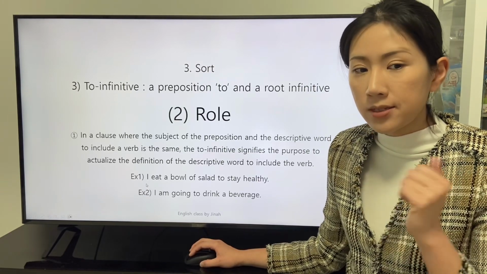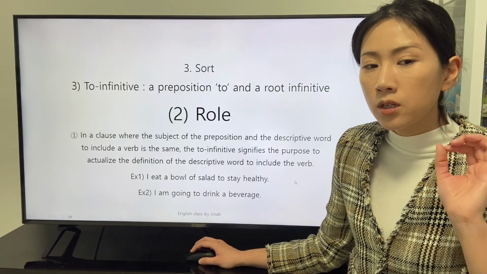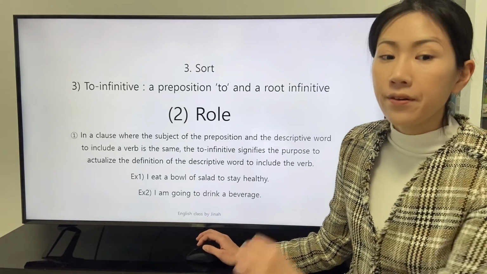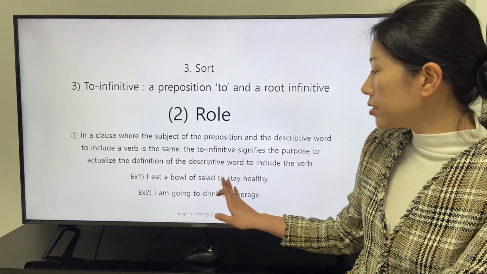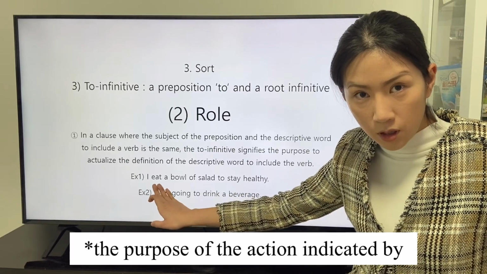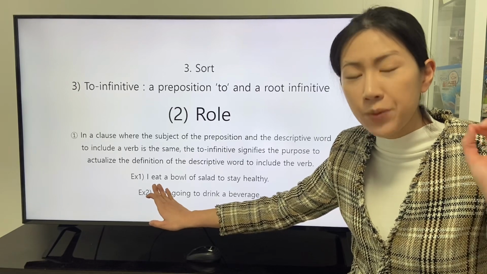The first one is this: I eat a bowl of salad to stay healthy. The phrase of the to-infinitive to stay healthy describes the transitive verb eat.